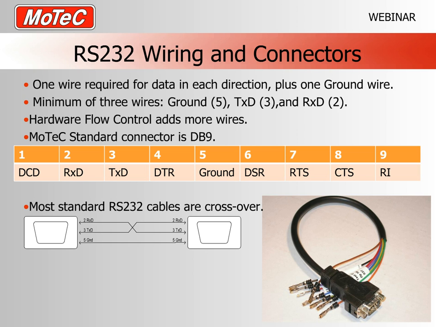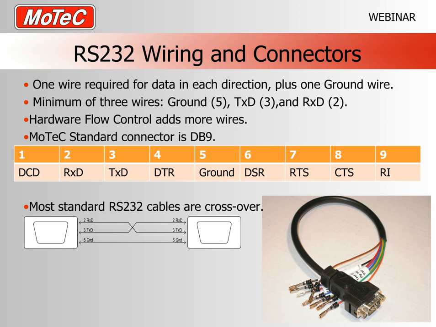You can get all of your RS232 signals into a 9-pin connector, and that's the one that most MoTeC devices would be seen with. So you can see here, if you have a standard connector and you're going from one device to the other, you need to take the transmit data from one plug and you need to plug that into the receive data pin on the other plug.